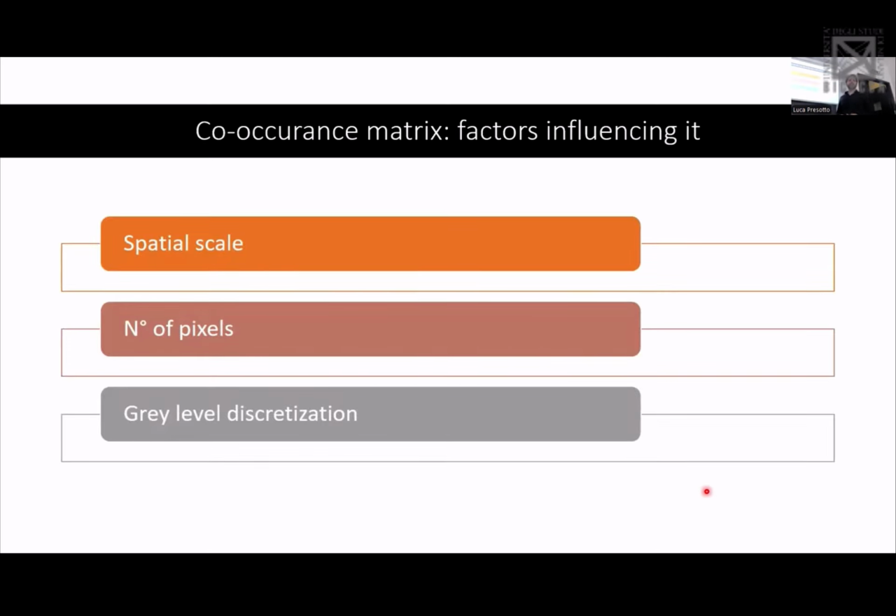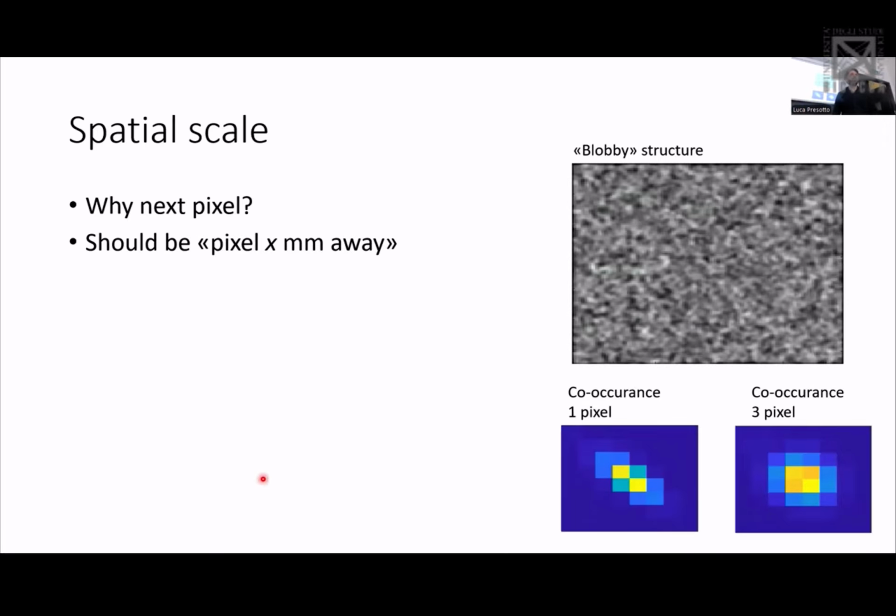However, the co-occurrence matrix has many factors influencing it: the number of pixels used, the spatial scale, the gray level discretization. Regarding the spatial scale, I defined the co-occurrence matrix at the beginning as the matrix of how a pixel is related to the next one on the right. Do you see any specific reason to look at the relation between a pixel and the one just on the right?